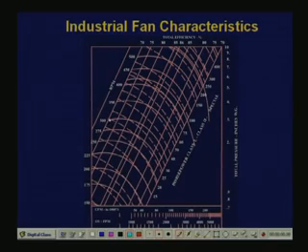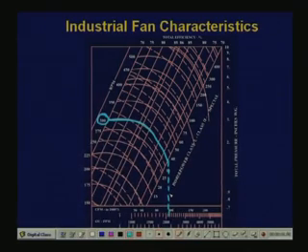So, this is the constant RPM 300 curve, and we are at 100%. So, this is somewhere over here. Can you see that?